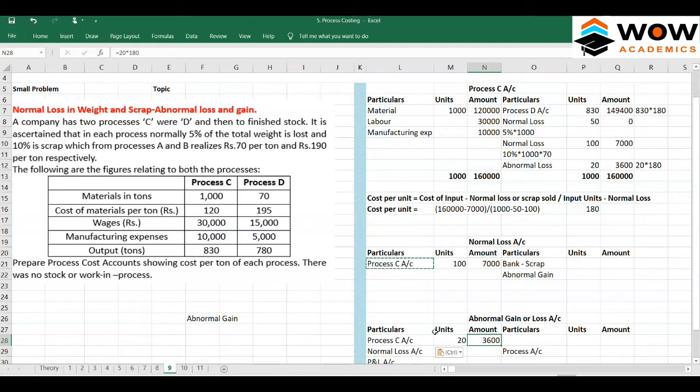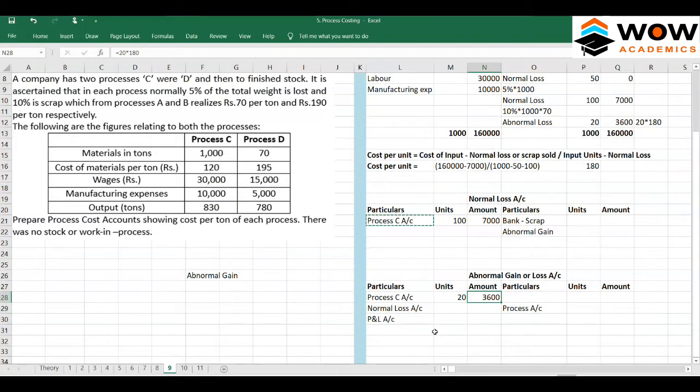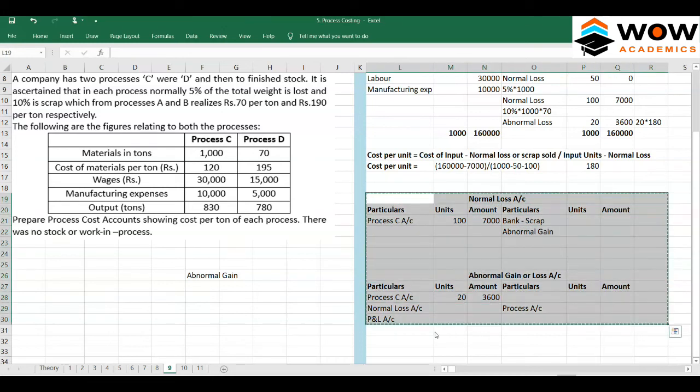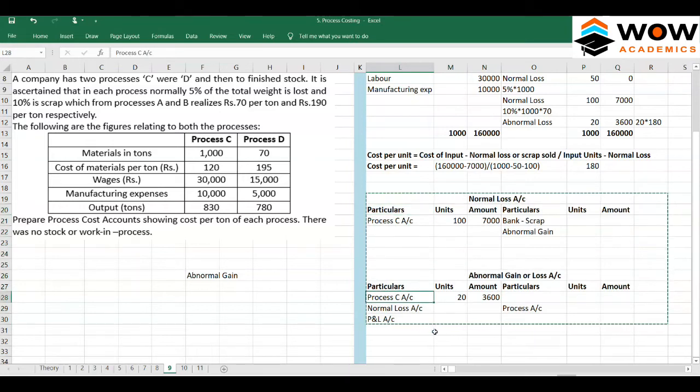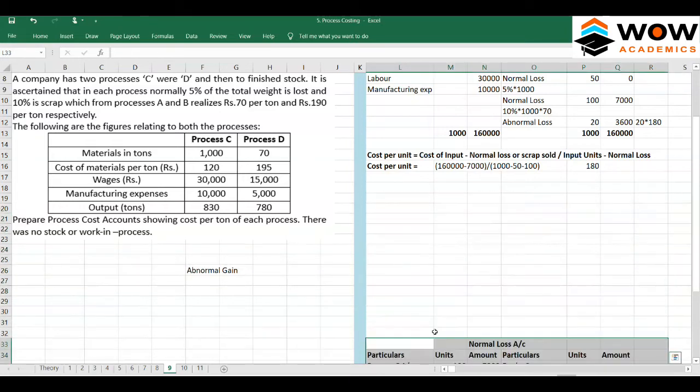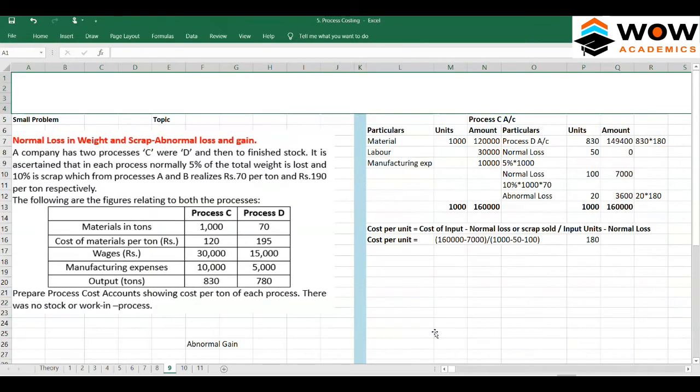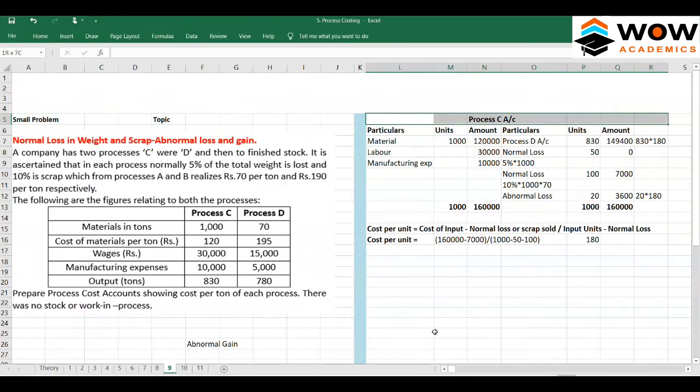This should be transferred to the P&L account, but we are not finished with the sum yet, so we will do it later. Before that, we'll once again do the same sum because we have another process.